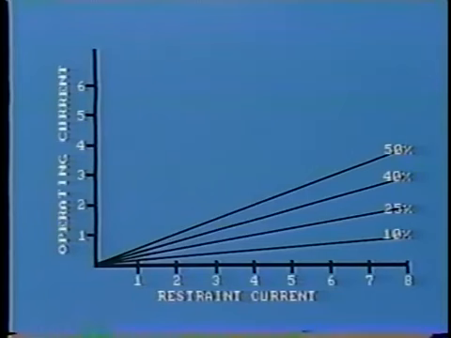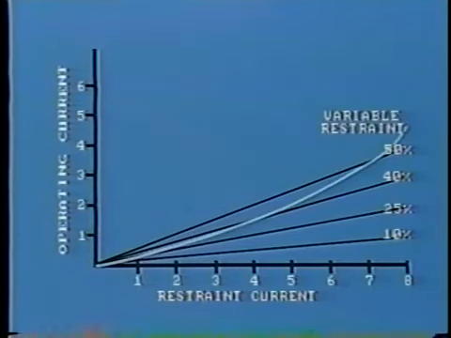In other relays, the percentage differential is not variable and must be specified upon purchase. There is yet another design that provides a variable restraint. At low current flow, this provides very minor restraint, perhaps equal to 10%. But as the flow-through current increases, the restraint also increases to over 50%.